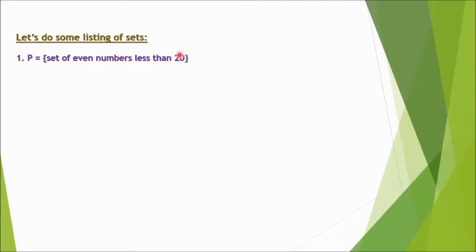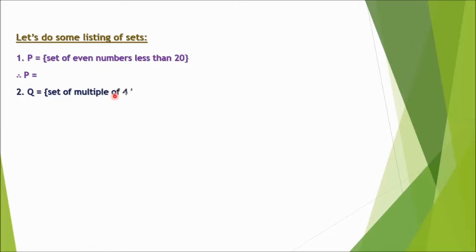So 20 is also an even number, but we are not allowed to take 20 as an element of set P, as it is defined as less than 20. So we have to write all those even numbers less than 20. So the elements of P will be, we'll write that.